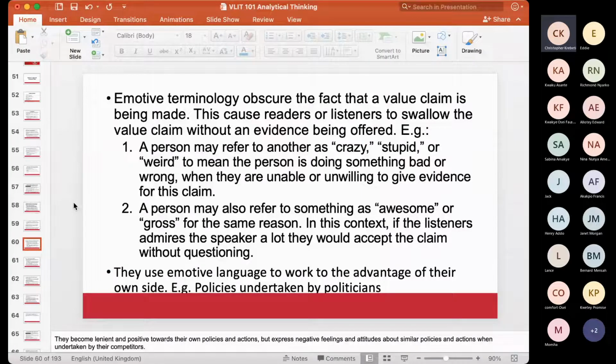So sometimes authority figures or likable people can tend to use these words, and we excuse them. We don't see these things as problematic, but they are problematic, and they can pose a lot of difficulties.